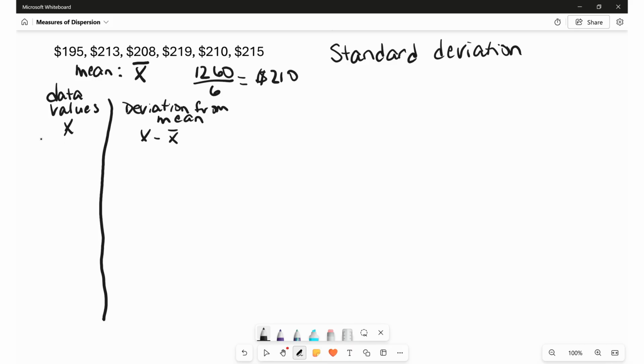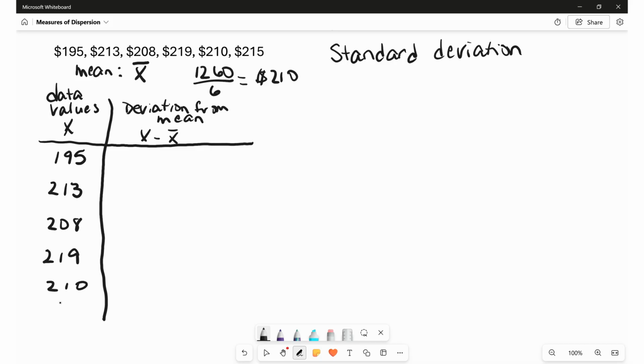So we want to start out with this. We have our data values 195, 213, 208, 219, 210, and 215.